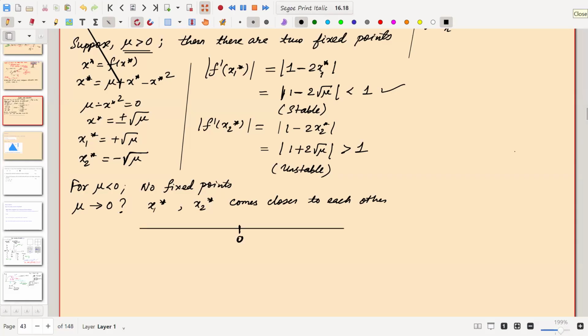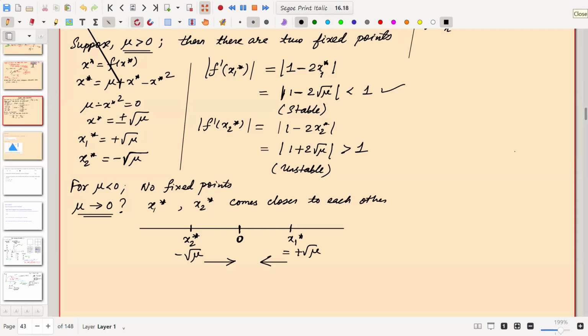You can think of it as 0. This is plus root mu, this is minus root mu, right? When mu goes to 0, this fixed point goes to 0 and this fixed point goes to 0, right?